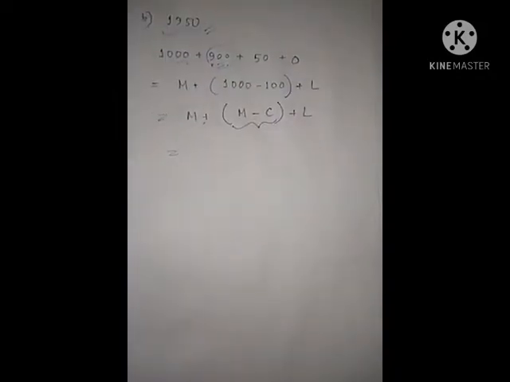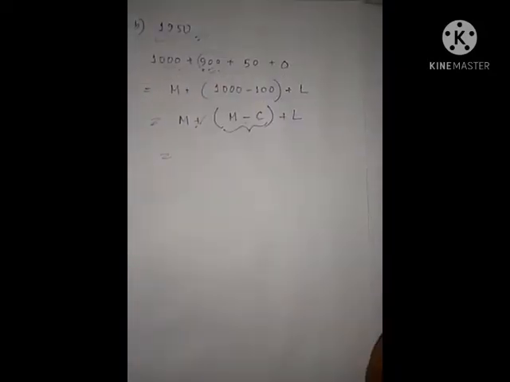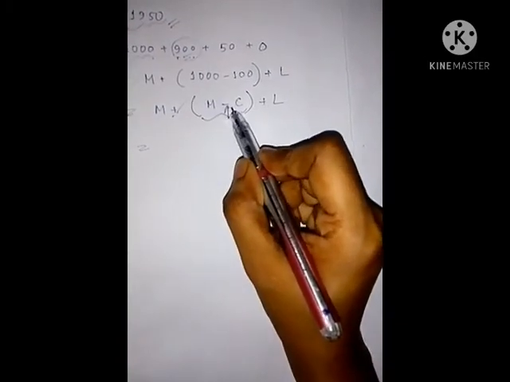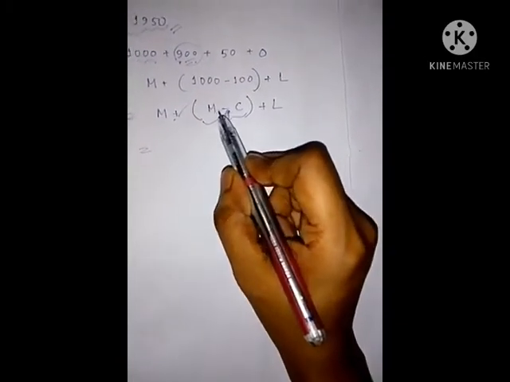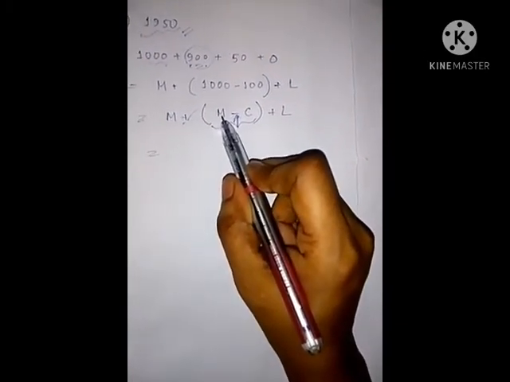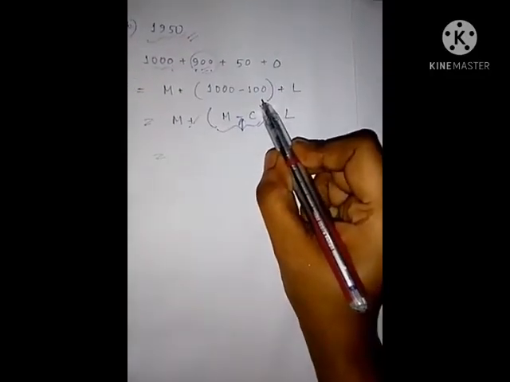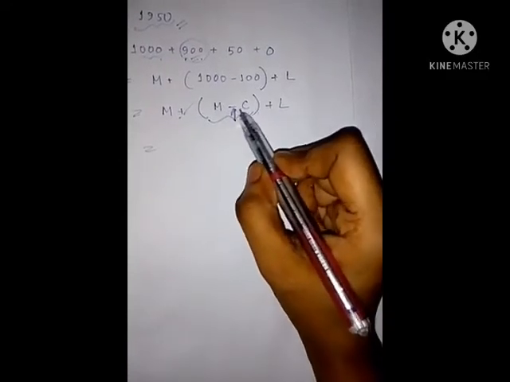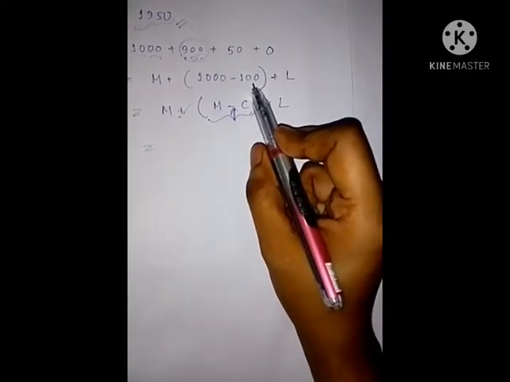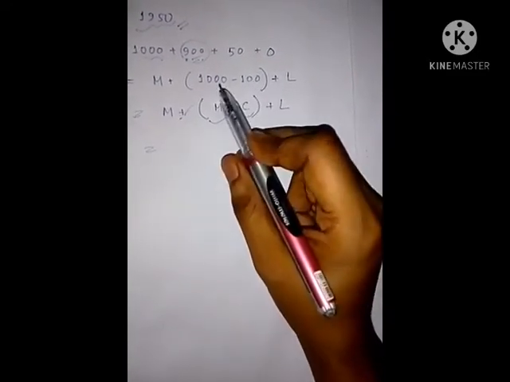So we have to erase this symbol. And first of all we have to remove this. How? So see, the value of M is 1000 and the value of C is 100. So the value of C is less than M.